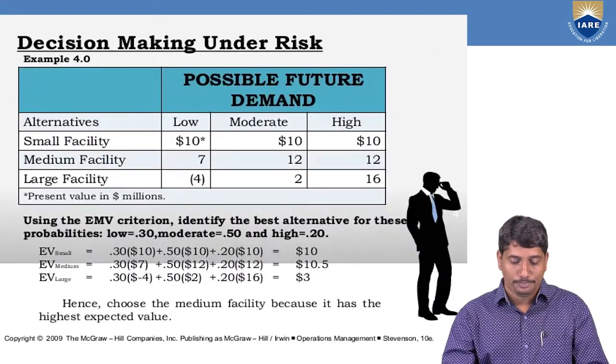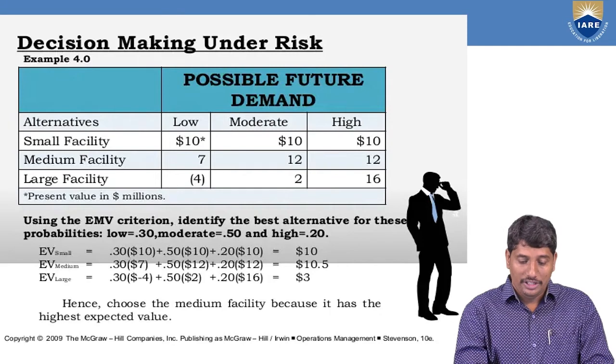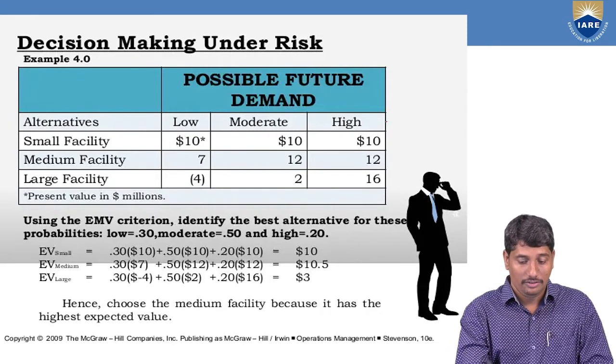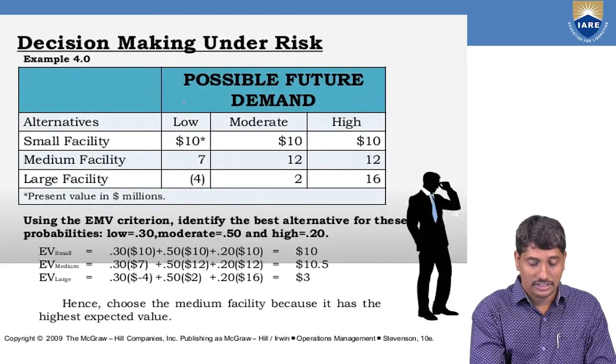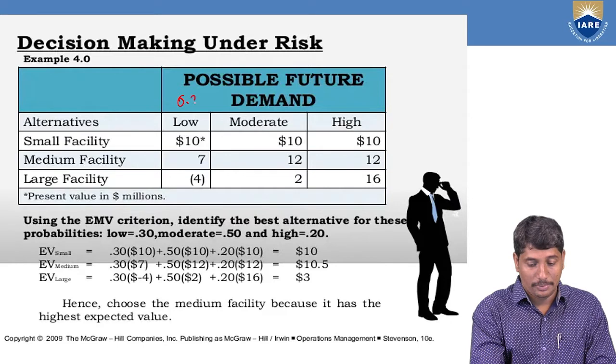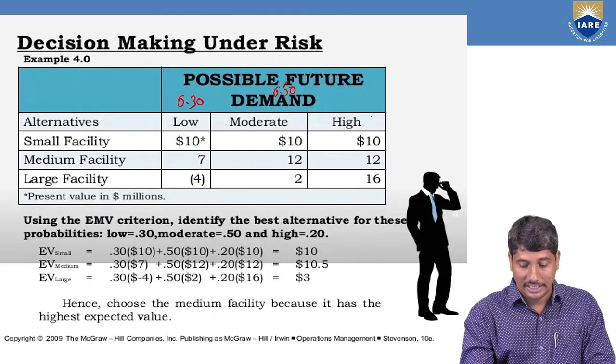Let us see this very quickly. Again, we have taken the problem, but we are assigning some weightages here. For the weightage we fixed, for the low demand 30%, moderate demand 50%, and high demand 20%.